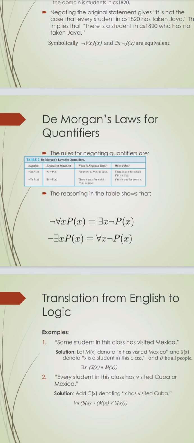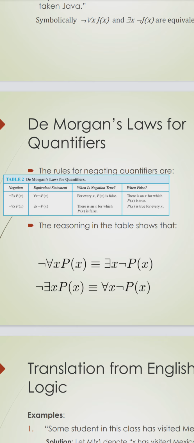This is an equivalent statement. De Morgan's laws for quantifiers. The negation of there exists x p of x is equivalent to the universal statement for all x negation p of x.